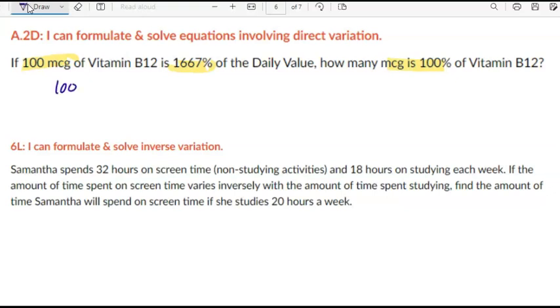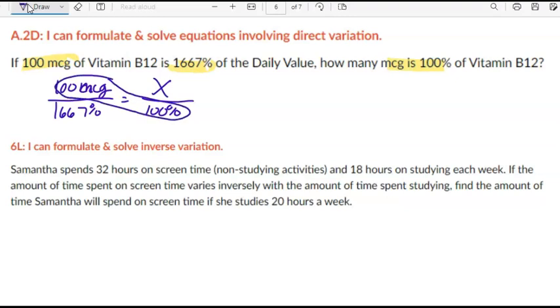If we have 100 micrograms, and that's 1,667%, what would it equal for 100%? So we could just call this X. So from here, you can cross multiply.